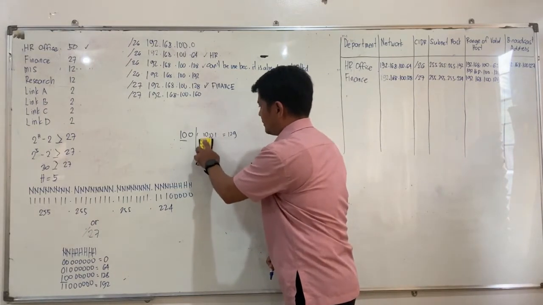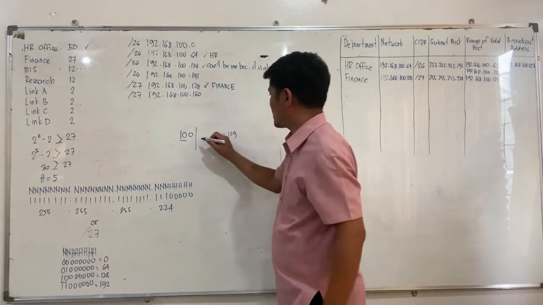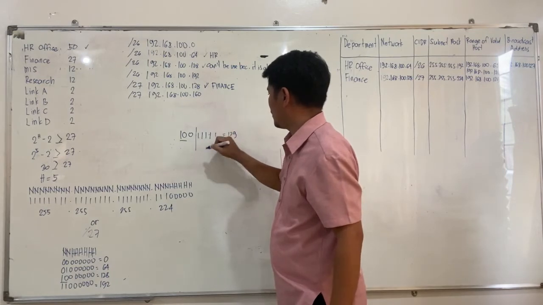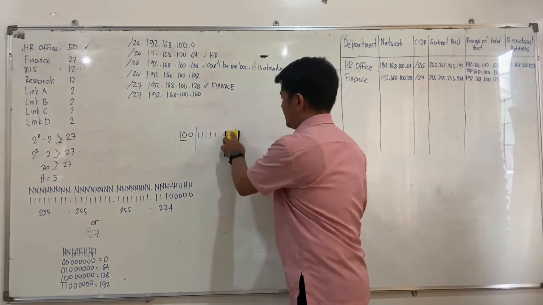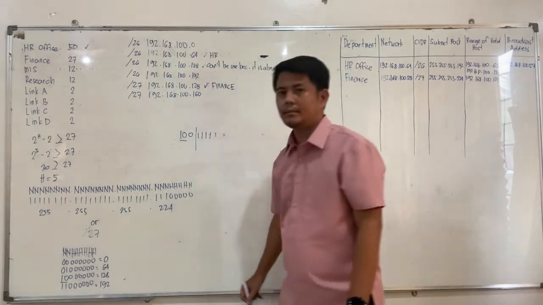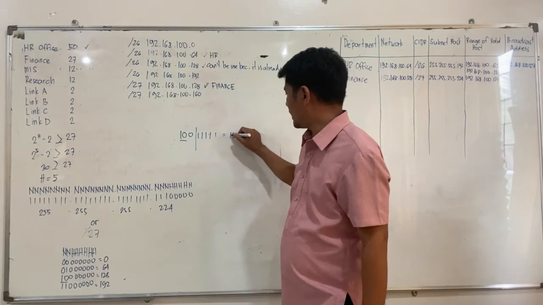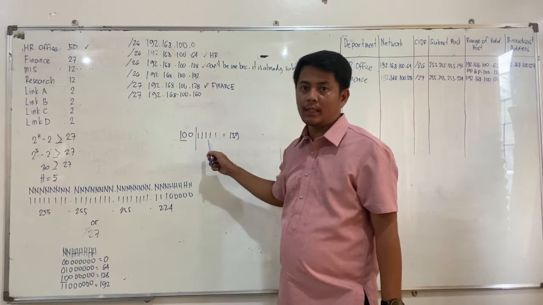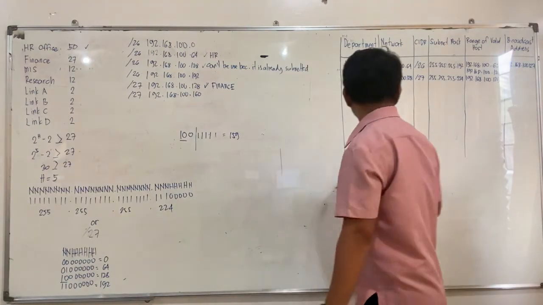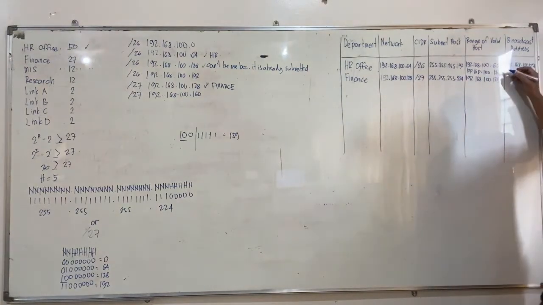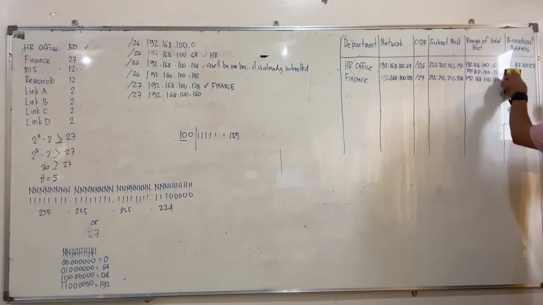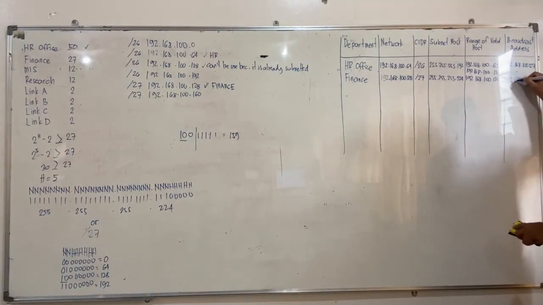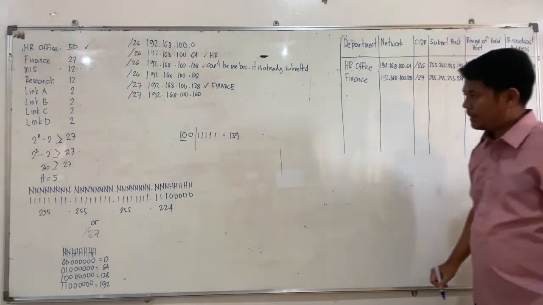Okay, and converting this one into all ones, 1, 2, 3, 4, 5. Okay, this is equivalent to 159. Okay, so we converted all host bits into all ones. Therefore, this is our broadcast address. Okay, so our broadcast address here, we have 192.168.100.159.